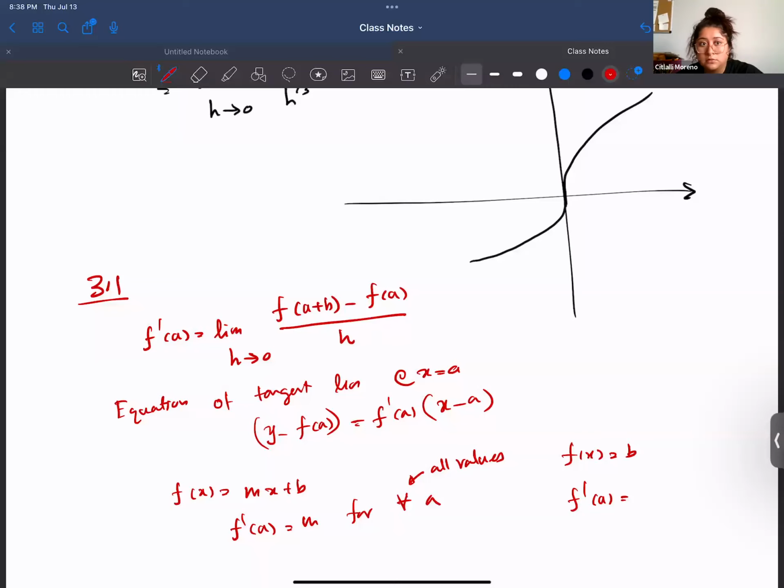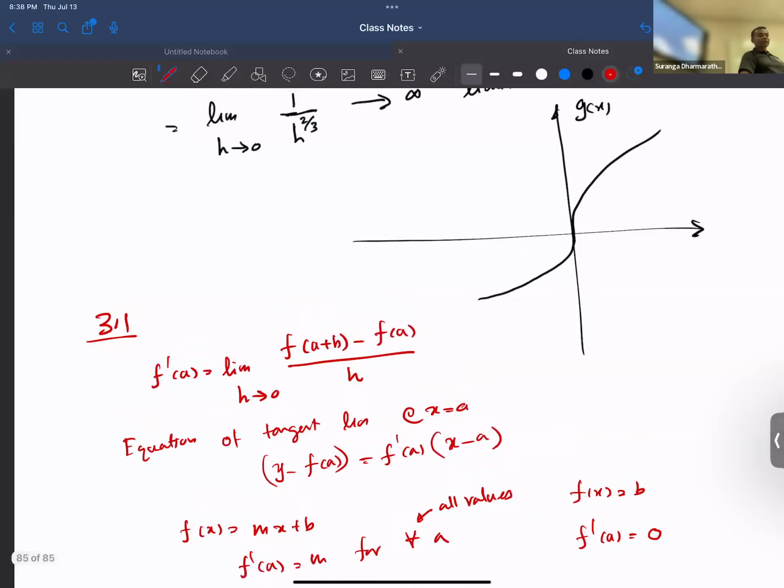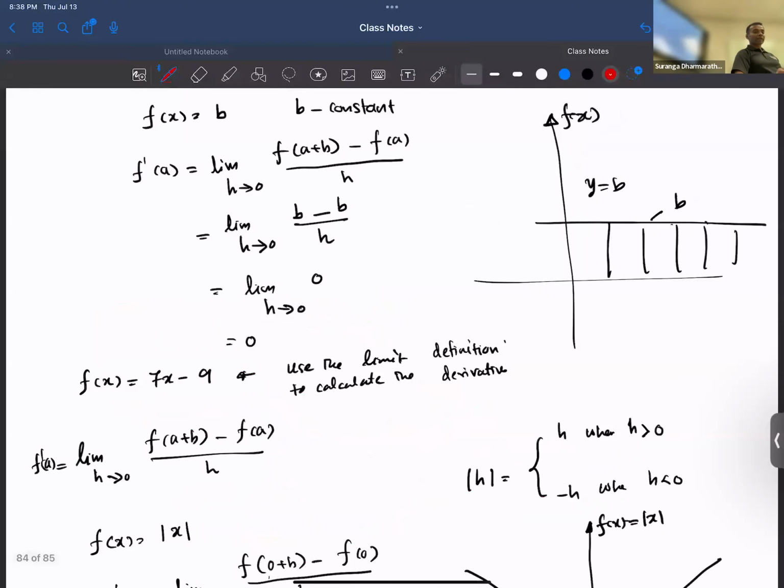Right? 0. 0. Good. 0 is 0. All the values of a. Why? Remember the slope, right? We talked about the slope. Remember that slope? The slope is 0, right?